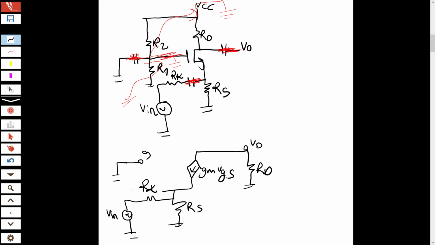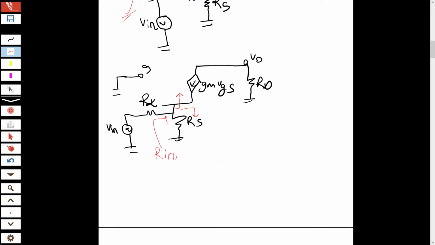Let's first find R input. What is R input? R input is what we see from here. There are two paths: one is RS, and one is what we see above. We call what we see above R input prime. R input equals R input prime parallel R source.